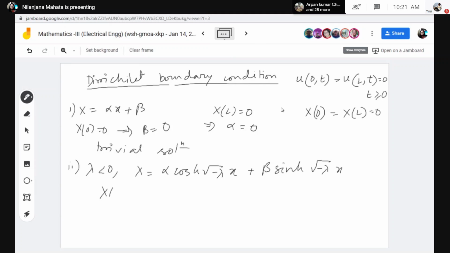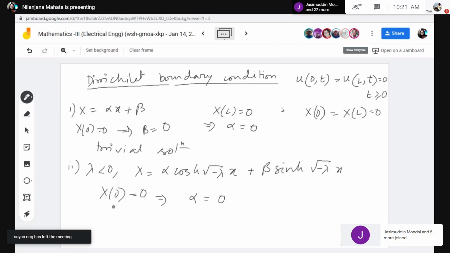So X(0) is equal to 0 implies alpha cos hyperbolic 0 plus beta sine hyperbolic 0; sine hyperbolic 0 is 0, so this term always vanishes. But cos hyperbolic 0 is not 0, so it implies alpha is equal to 0.